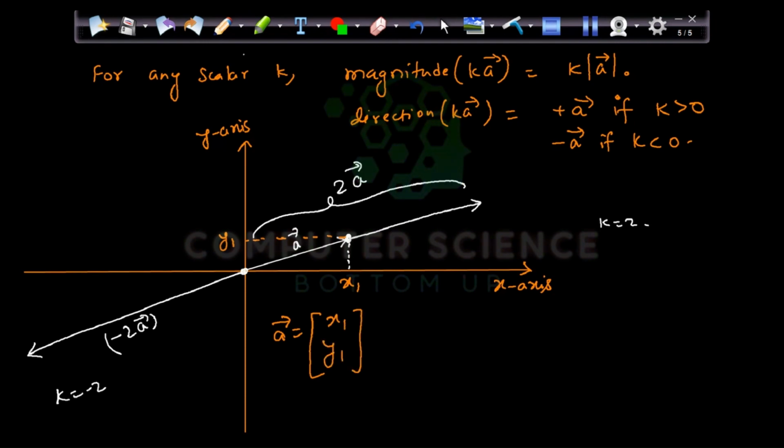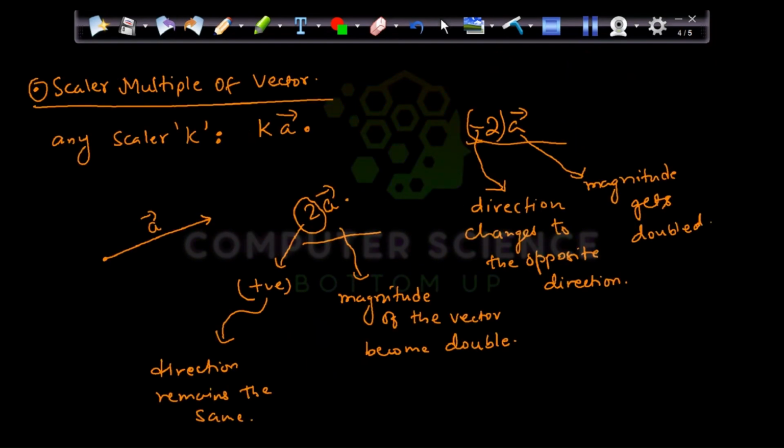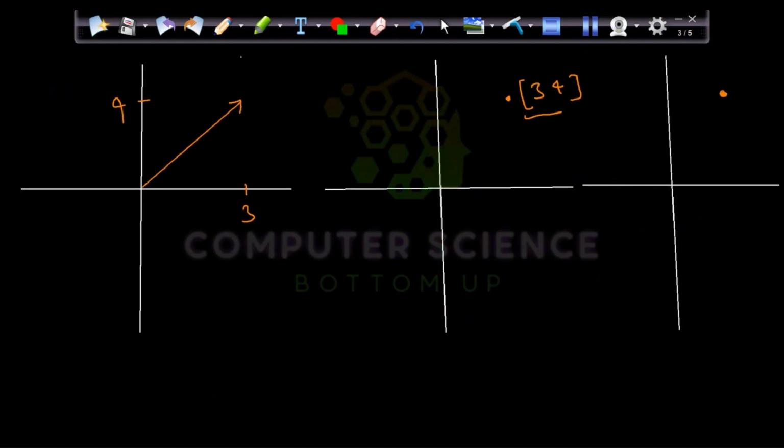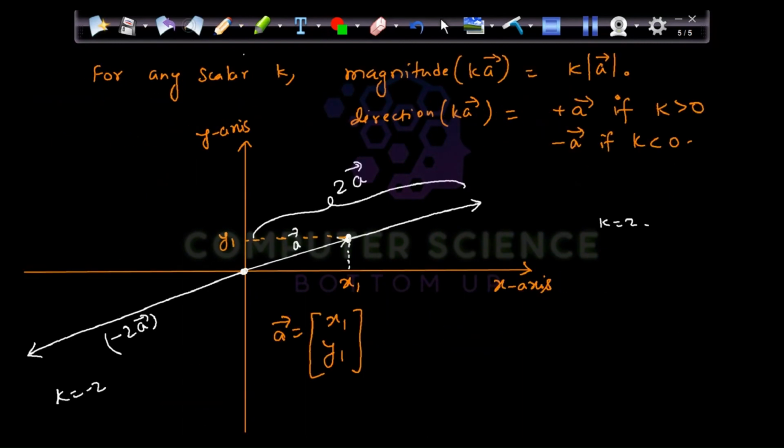You can represent it in a column way, or previously I represented it in a horizontal manner, but it is just an ordered list. Listen, a vector is an ordered list of coordinates. The content will be the coordinates only, but if you choose to represent it like this, we say it is a row vector, and if you represent it in this manner, we say it is a column vector. Choice is yours.